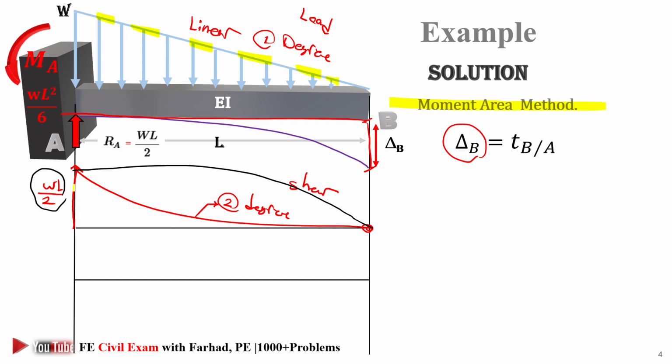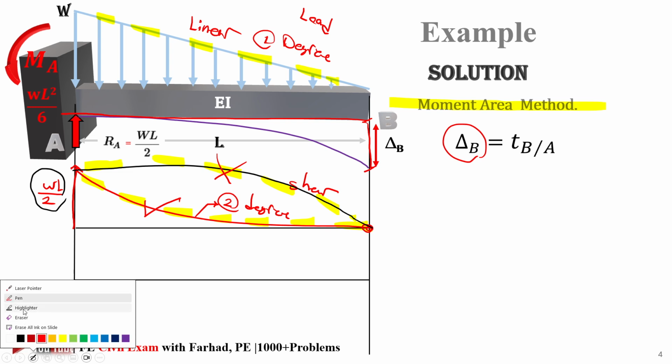The slope of shear should decrease, decreases, decreases until it goes to 0 slope at B. But the top one has a 0, but the slope is increasing, which is not correct. That's why the top one is not acceptable, and this is the true form of drawing the shear diagram.